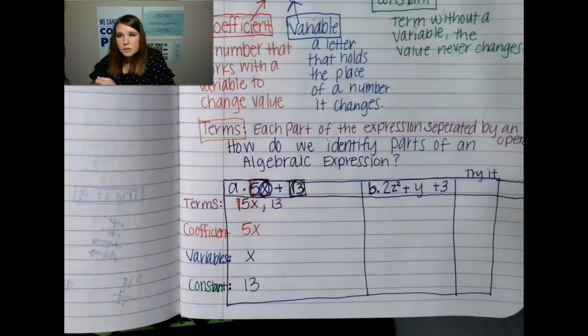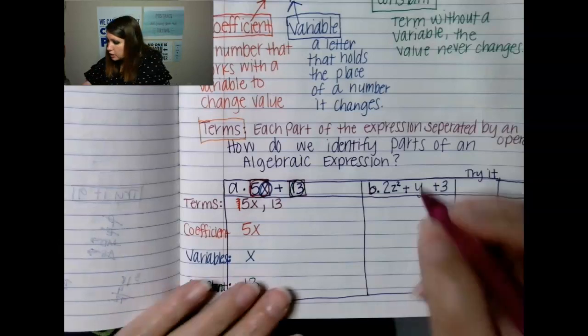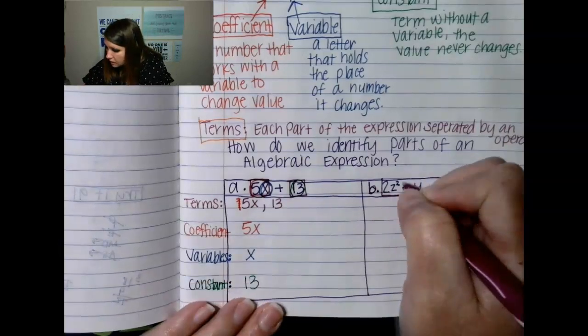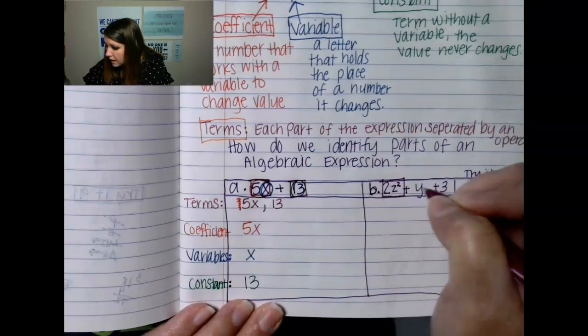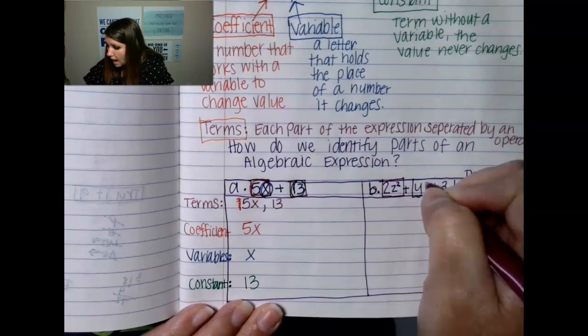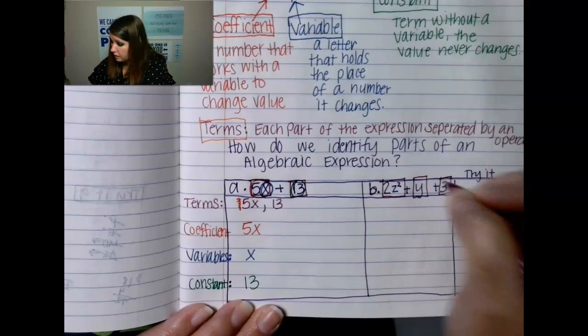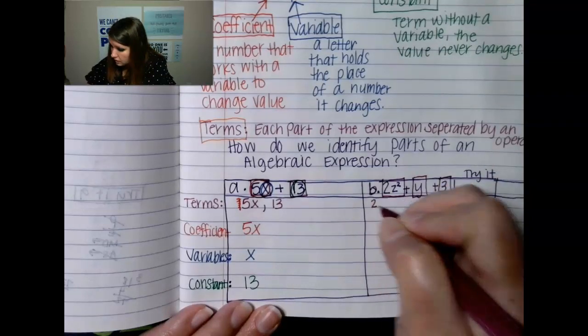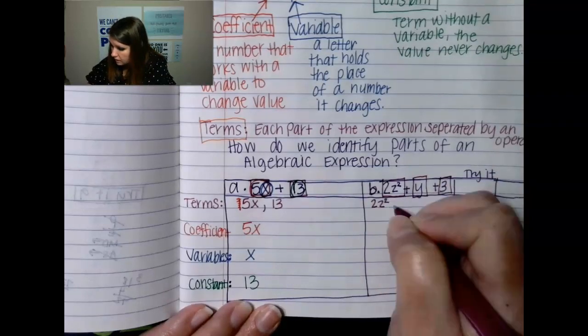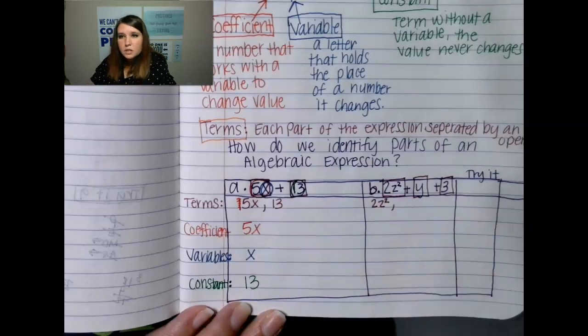So let's box those up. The terms are 2z squared, anything that's separated by an operation, right? Y is a term, and 3 is a term. So 2z squared, just replace the operation with a comma.